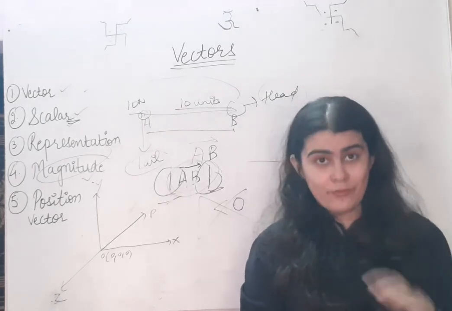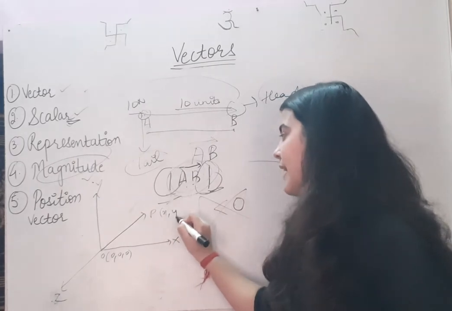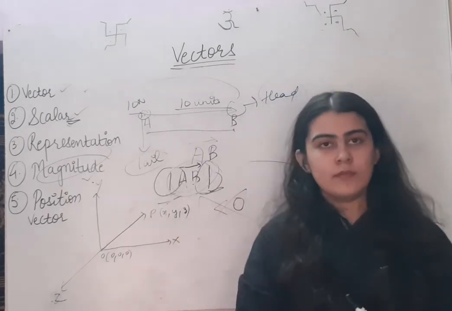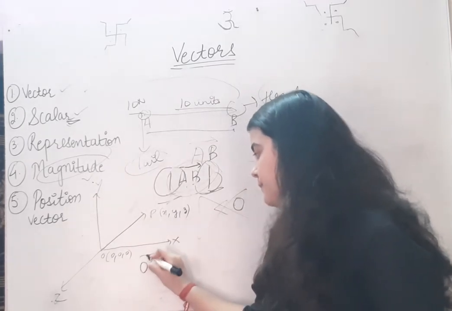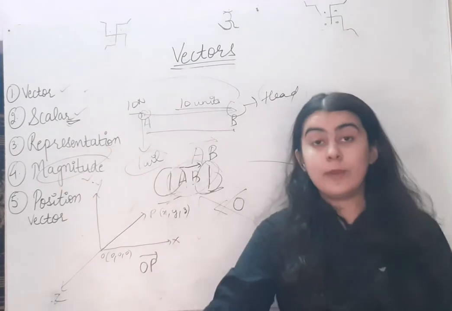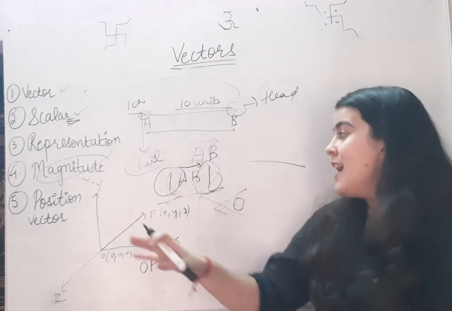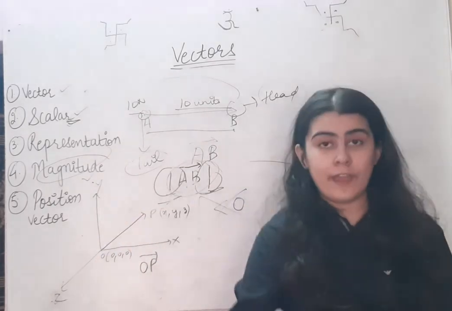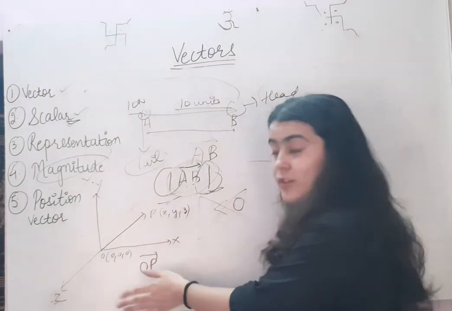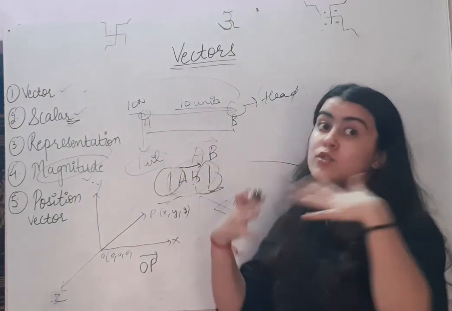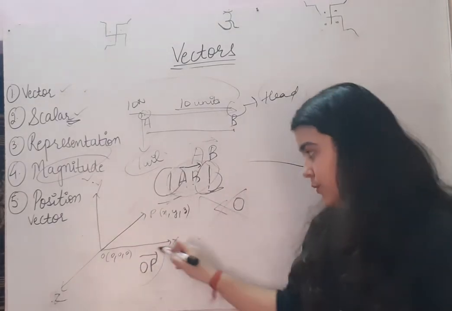I think I've made myself very clear. So this is the position vector and its point is known as x, y and z. Here OP is the position vector. Further we'll read n number of types of vectors. There are so many types of vectors, and the position vector is one of them. We are going to represent it by the same representation as we represented the normal vectors, because obviously this is also a vector, right?